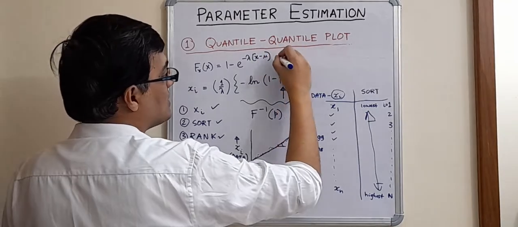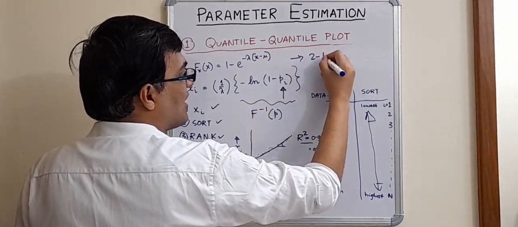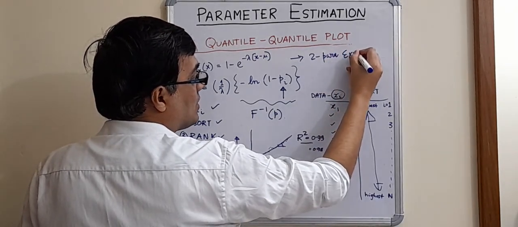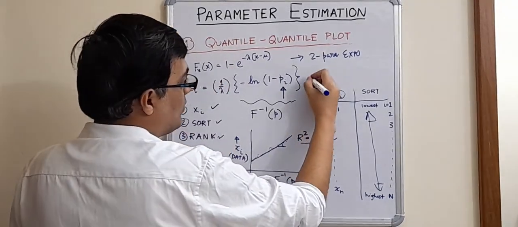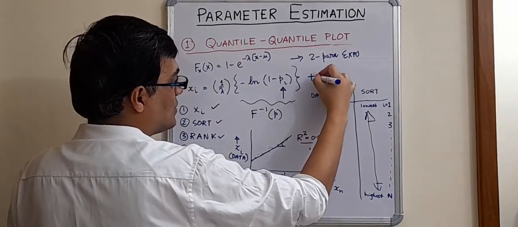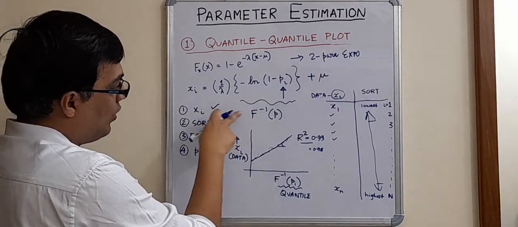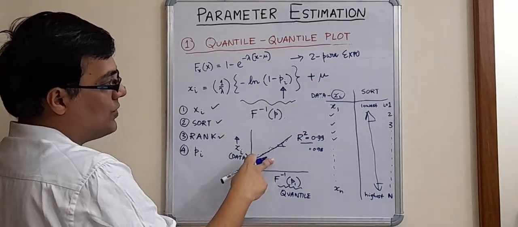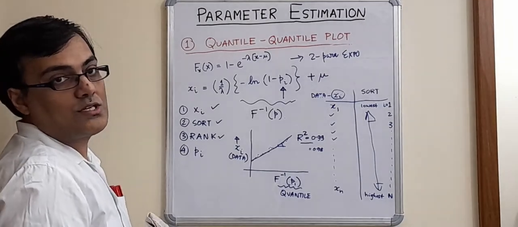This is sometimes called the 2-parameter exponential. Then you will get mu as well. Reading off, the slope gives you 1 by lambda, and the intercept gives you mu. So you can get the parameters as well, and you know how to select the distributions.